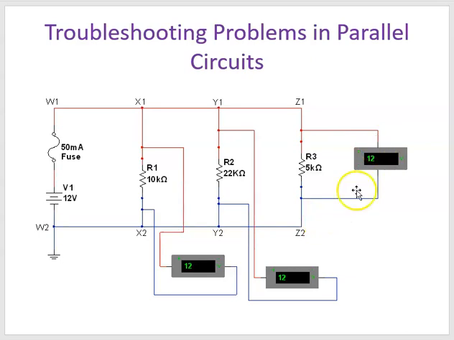So we put 3 voltmeters, we're measuring the voltage across each of the components, and we're measuring 12 volts. Well, they're in parallel, so we expect to measure 12 volts.